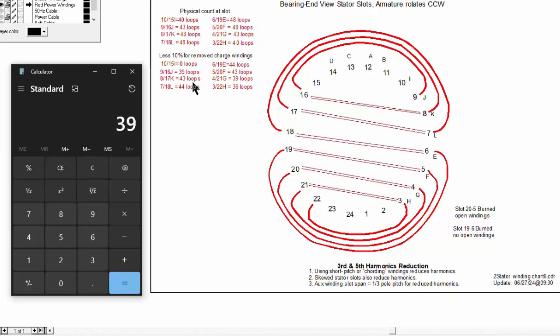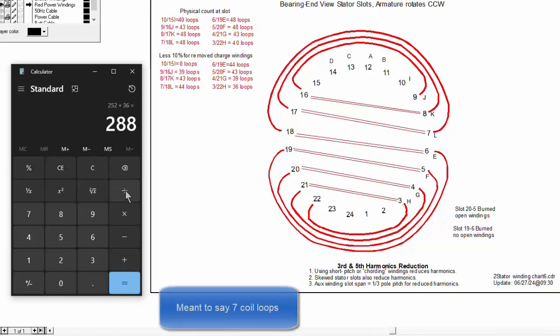We got 39 plus 43 plus 44 plus 44 plus 43 plus 39 plus 36 equals 288. Divide that by 7 slots, because we could put all those counts into 7 slots.